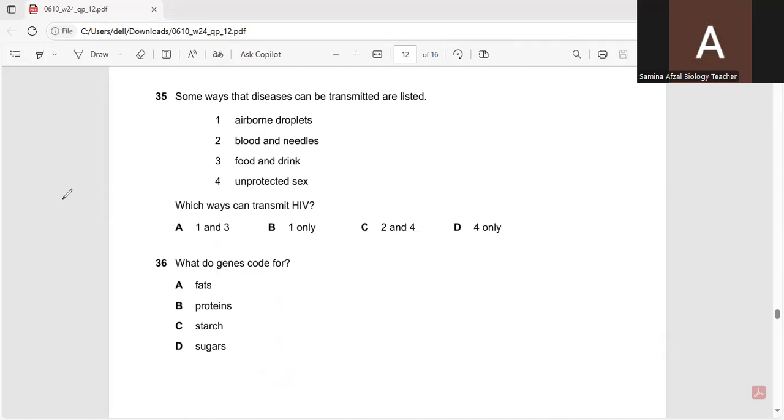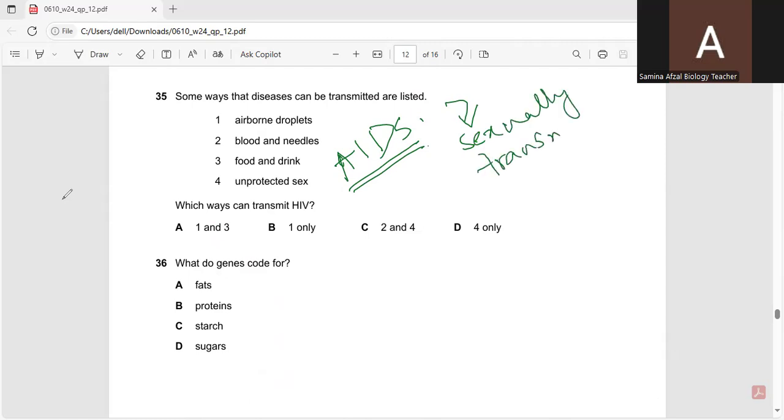Human immunodeficiency virus, which causes AIDS, acquired immune deficiency syndrome. This disease is a sexually transmitted disease.